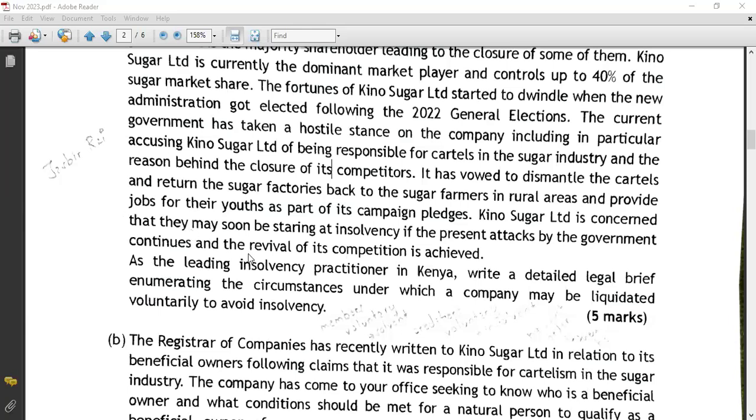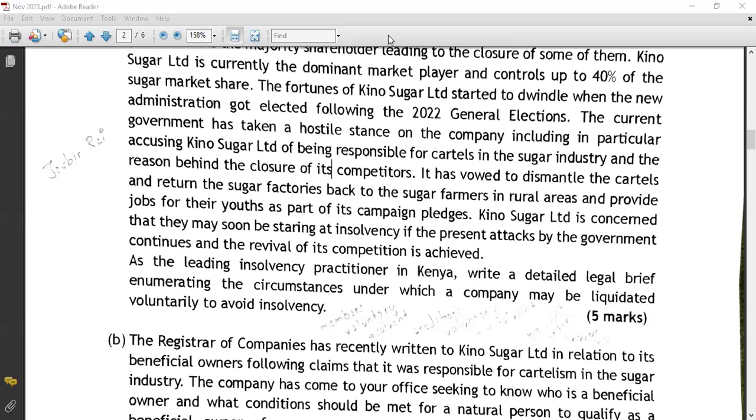So those are the three that are top of my head. Now, the details therein would be the processes which each of the various parties would need to undertake to commence the liquidation process.